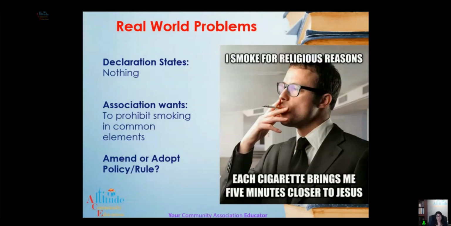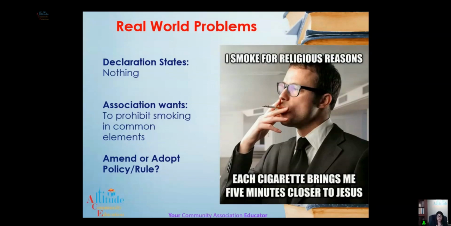So the answer is yes, they actually can. It's still a common element. It might be limited in use to one unit, but it's still a common element. Homeowners do not own the limited common elements in a condominium, and therefore the association's right to regulate the use of such limited common elements is still a right that it has.